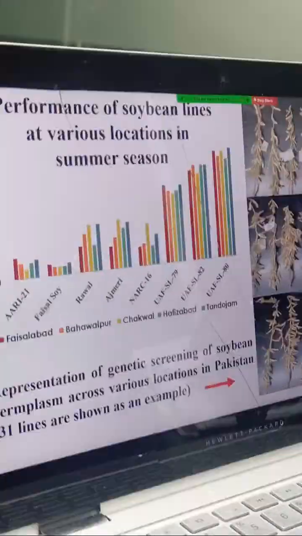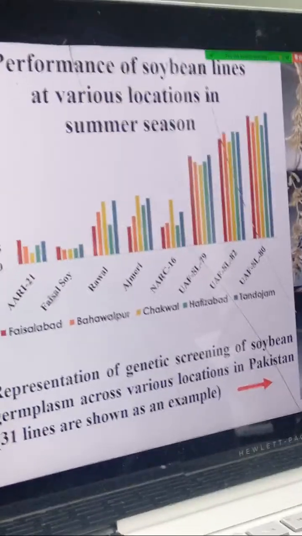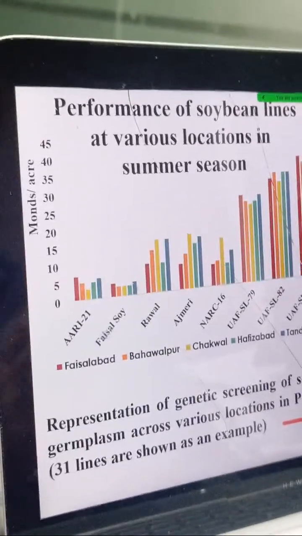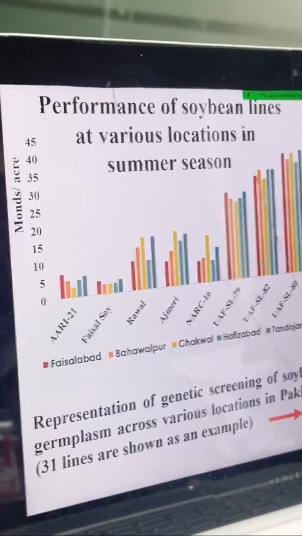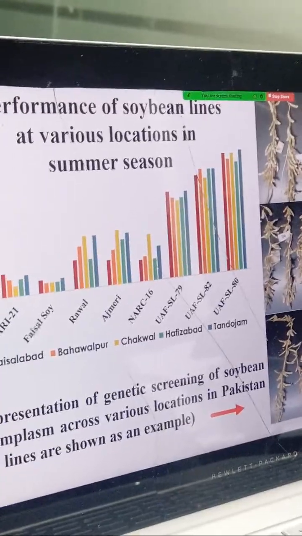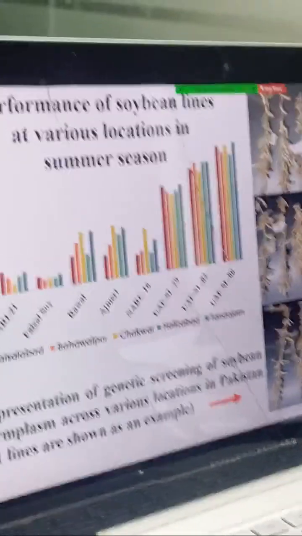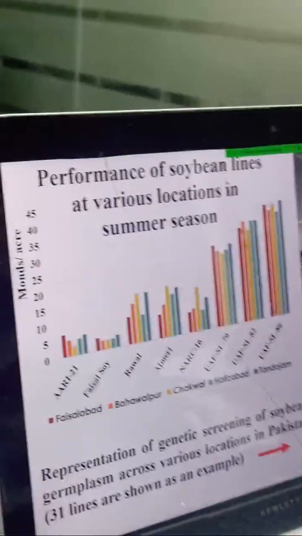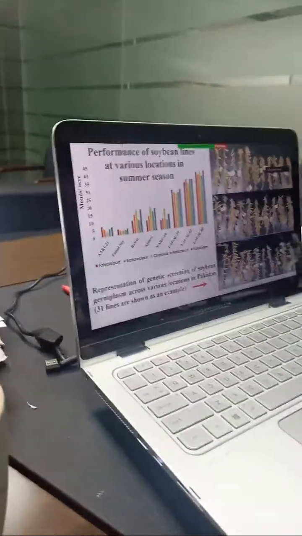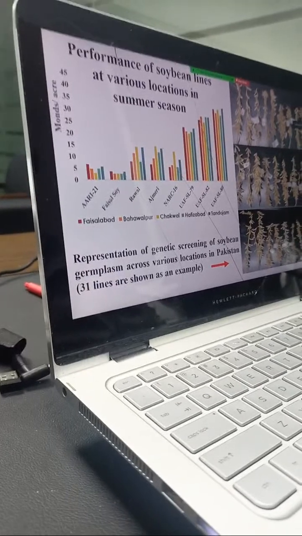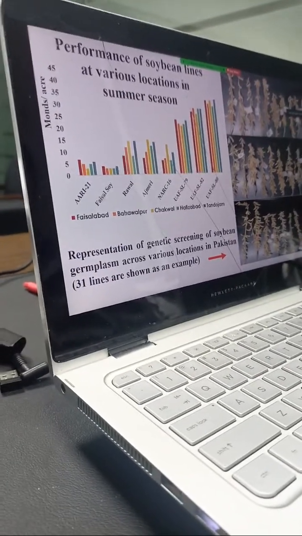You can see the number of pods, grain filling, plant height, and the genetic variability. This is quite significant, and we can use this genetic variation for establishing soybean in different areas wherever there is a problem of high temperature or even drought or other stresses. On the left hand side, you can see our traditional lines or approved varieties.